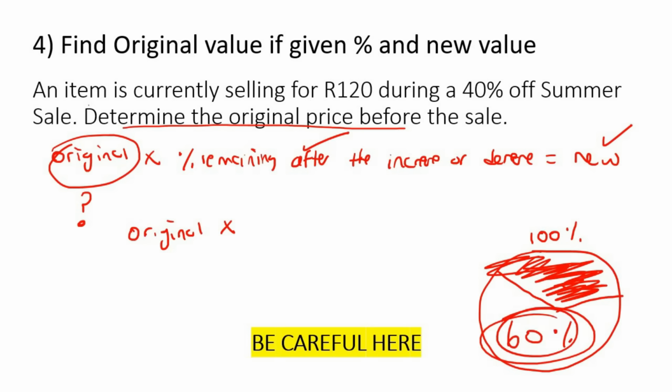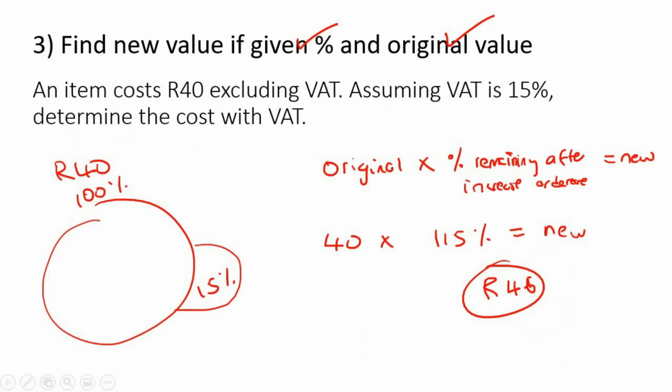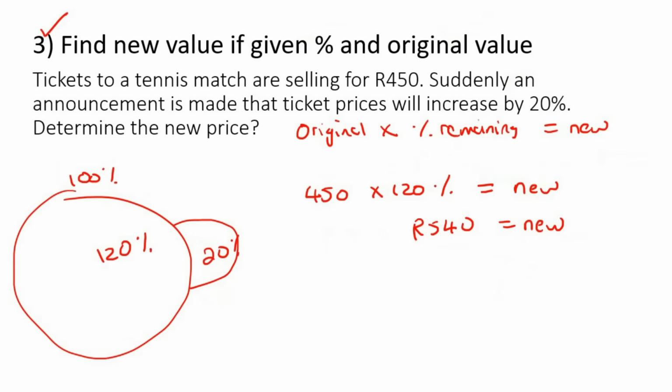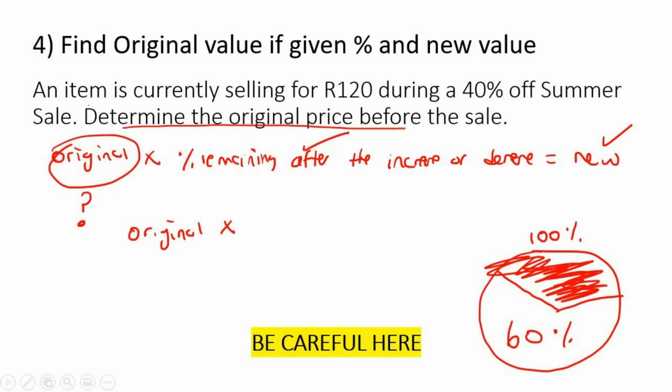That is why learners get confused. They immediately use the 40%, just like they maybe tried to do over here and over here. And on these ones it would have worked, but on these ones it doesn't. So rather stick to my formula. The percentage remaining will be 60%, and that's going to be equal to the new price of 120.